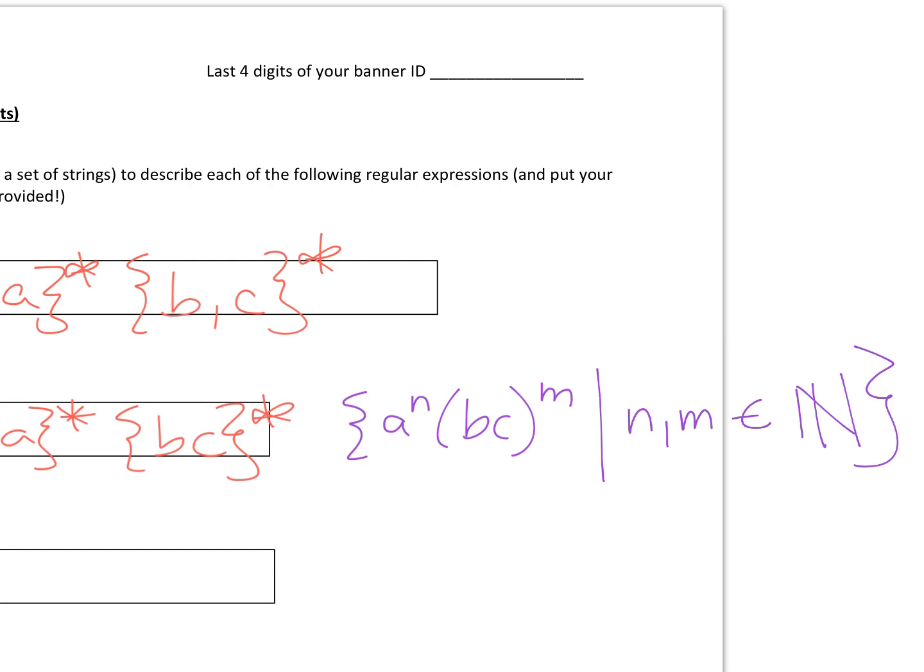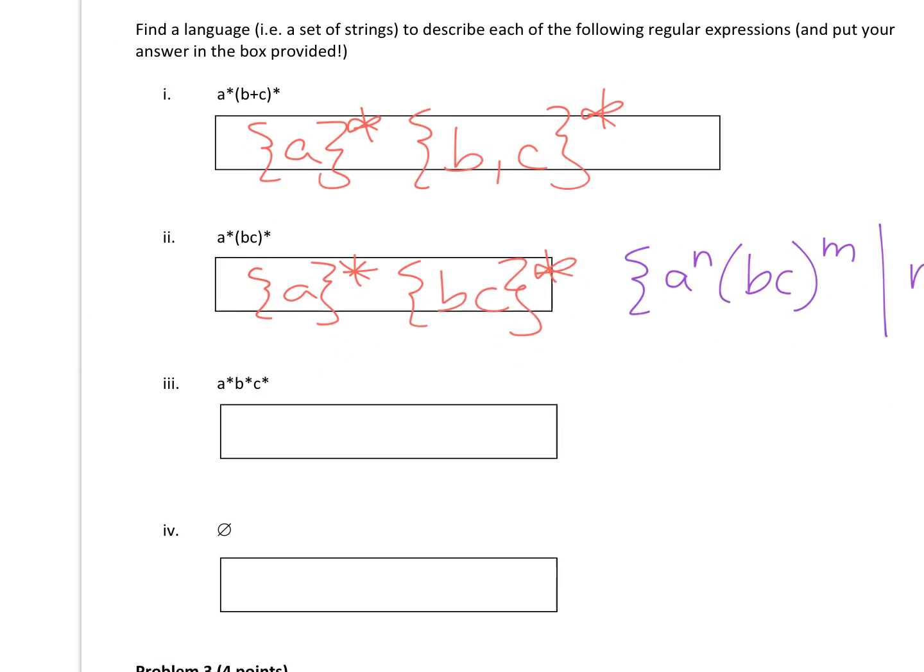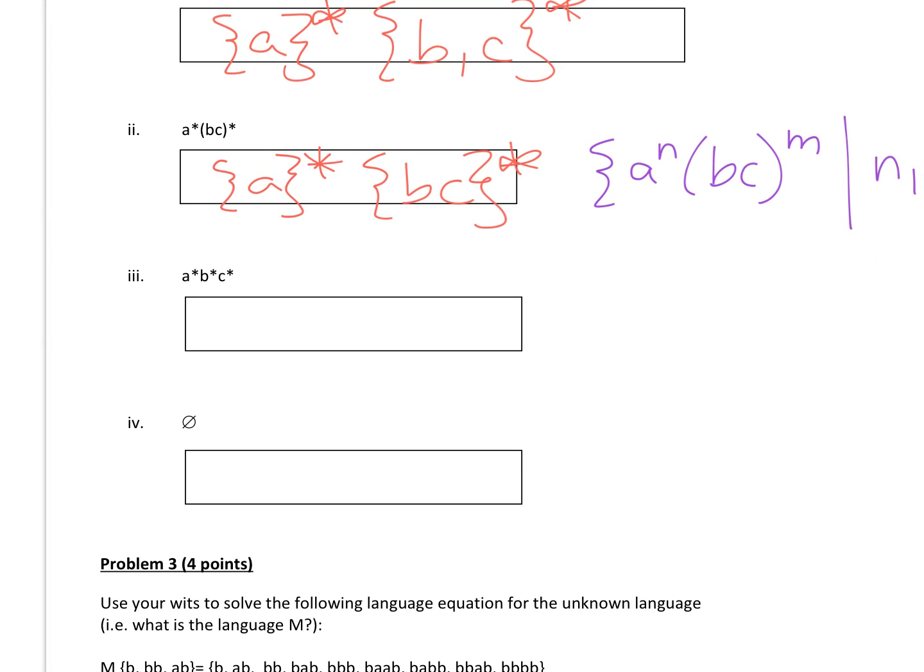So that's another perfectly reasonable way to represent this set, all right? A star, B star, C star we did on the other page. And over here, this one is, again, kind of the one you just have to know. The empty set as a regular expression represents the empty set. So that's how you translate it.